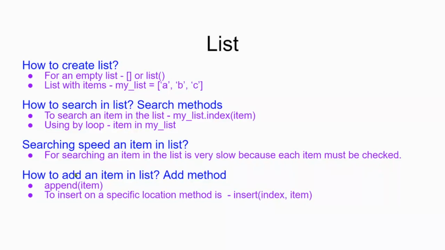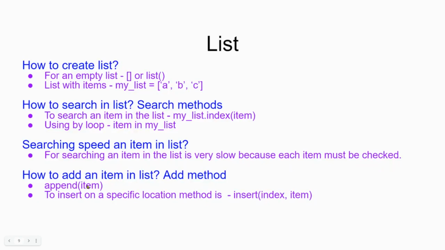And for searching speed, compared to other container object types, the list is a bit slow, because each item must be checked.